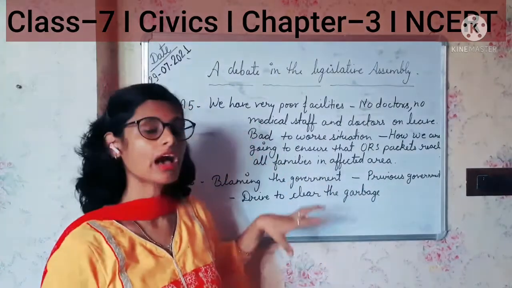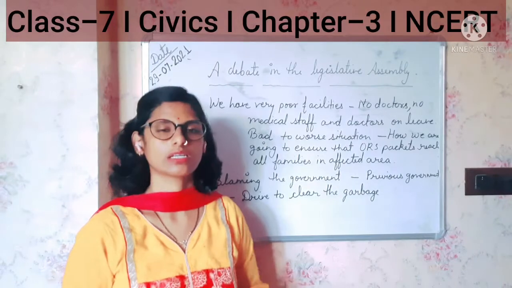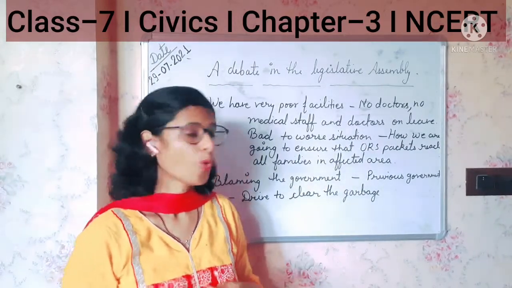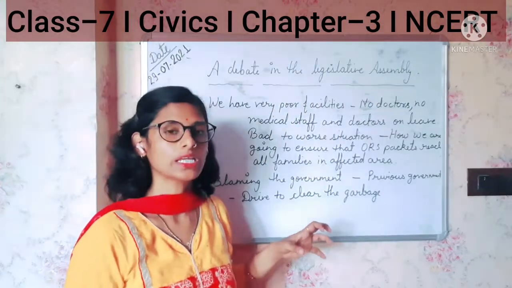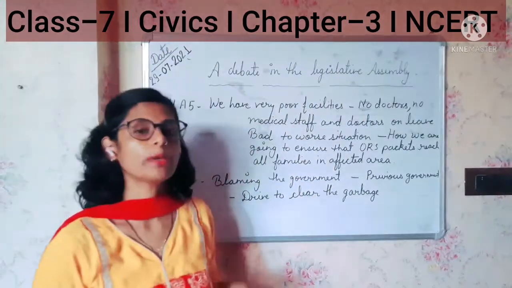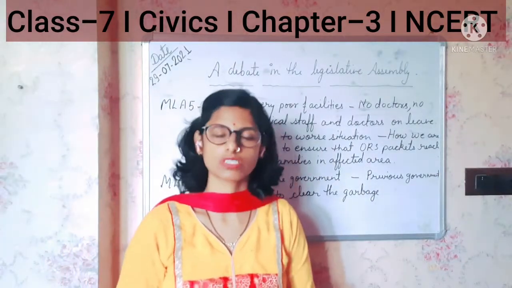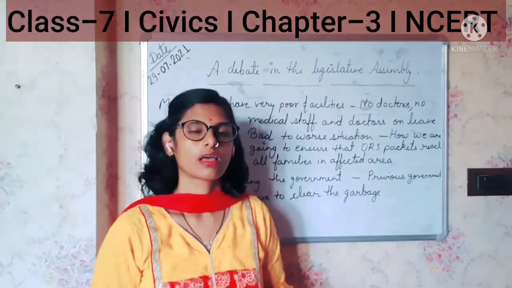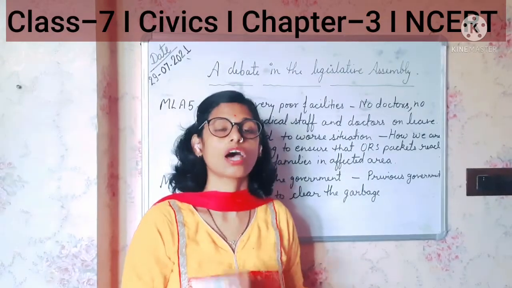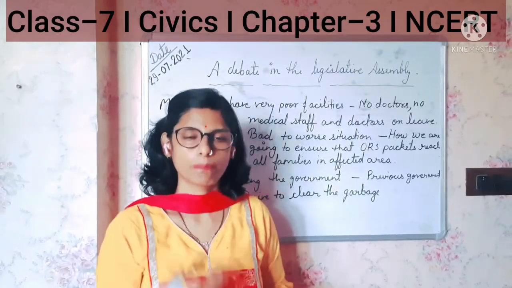So we have seen the discussion among the opposition party and the ruling party, where the opposition puts allegations on the government and the ruling party defends themselves. See, in the assembly the issues of the public are taken up.